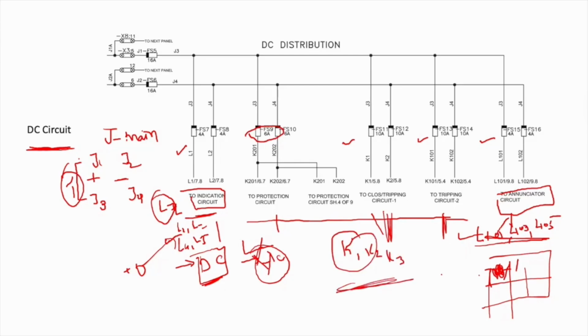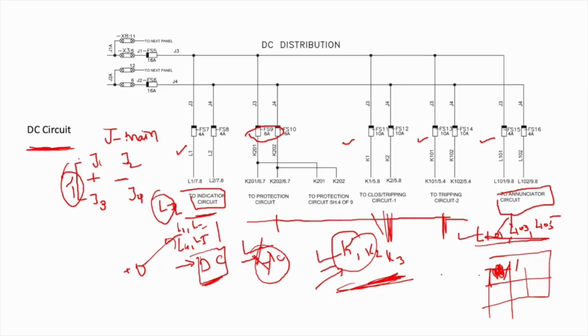So the wire inside our panel with K has to be understood as our closing and tripping relay circuit. It's related to that. It's not any other circuit than that. K stands for protection only. So if you see a wire marked with a K in the panel, you should understand that it's related to tripping or closing.